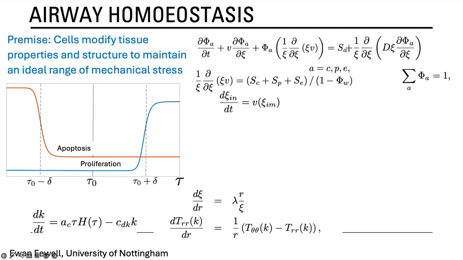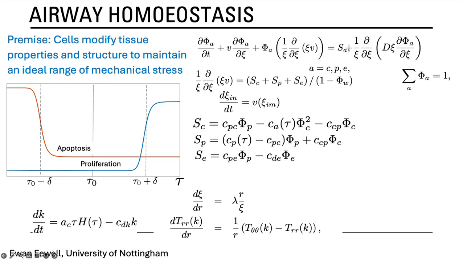So all our equations are identical, except we have to add a little bit of diffusion because it doesn't mean anything physically as far as we can see, but it just makes our numerics a bit easier to deal with. So everything is exactly the same. Some terms disappear because we don't have any information. And our source terms now have just the stresses in the apoptosis and proliferation terms.